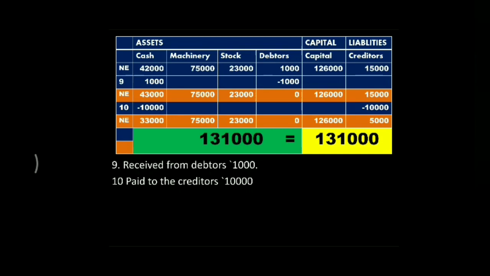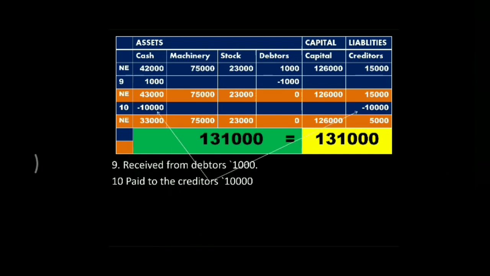Then the 10th one, the last one: paid to creditors 10,000. Keep in mind that in the liabilities the value of creditors is 15,000, but out of 15,000 we are settling by paying rupees 10,000 only right now. So if we pay rupees 10,000, cash will decline by 10,000, and out of the creditors of 15,000, creditors will also decline by 10,000.